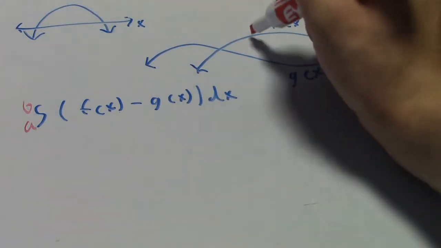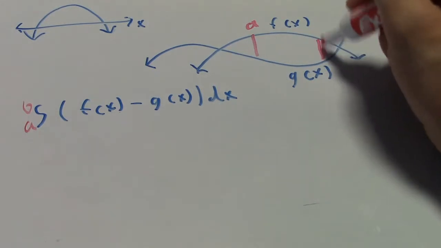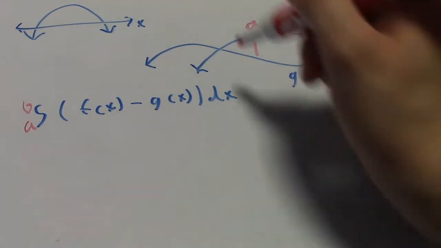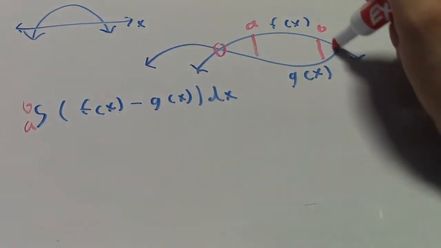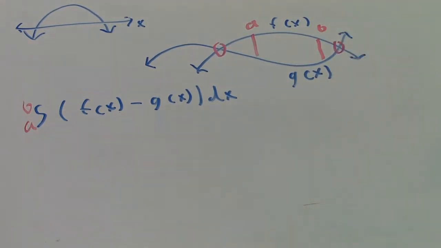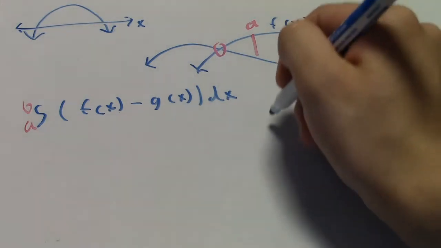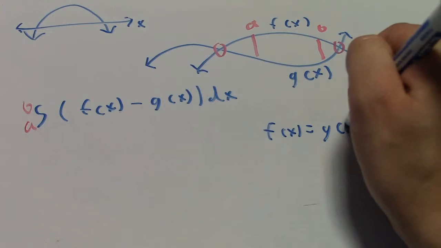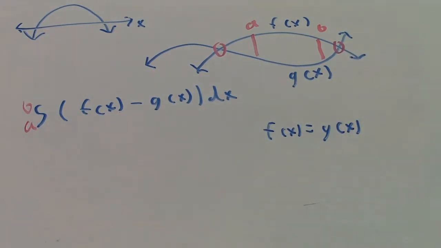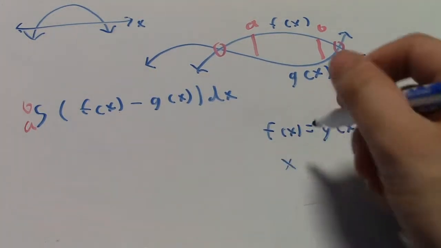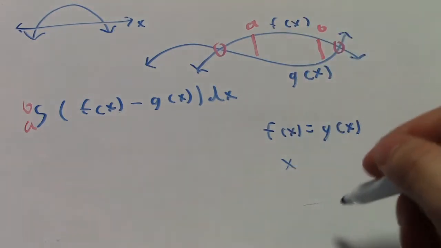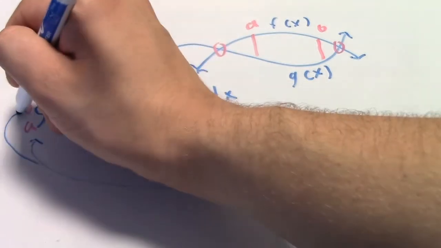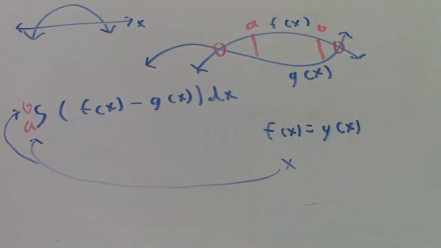You could arbitrarily set limits, for example, like a there and b there. However, a lot of times they want the limits to be those two points. So the way you find those is you simply set f of x equal to g of x, and then solve, and you will get the two x coordinates where they intersect. And then you simply set those two x coordinates as your a and your b, and then integrate.